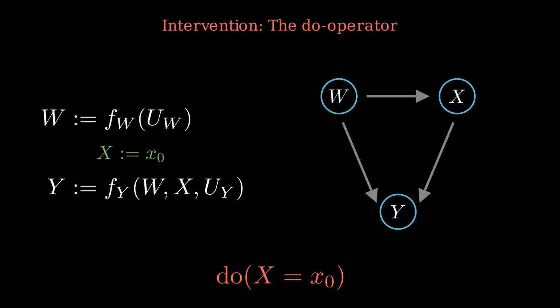X is now forced to be a constant. Graphically, look at what happens. Because X no longer responds to its parent W, the arrow flowing from W to X is completely snipped and destroyed. This isolates X from historical confounding, allowing us to accurately compute the downstream propagation of signals to Y under pristine conditions.